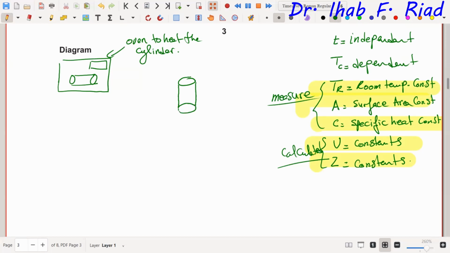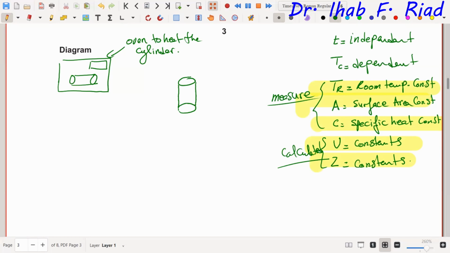Okay, so room temperature, we can use the thermometer. Okay, good. Surface area, we can use the caliper vernier to measure the diameter, and we can use the formula pi r square.